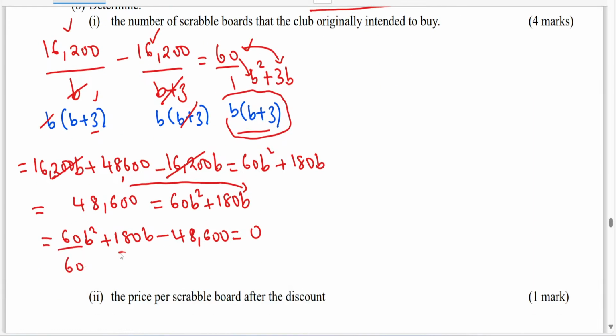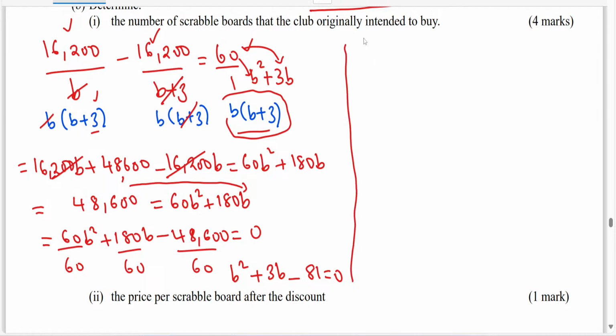So itakupa b squared plus 3b minus 48,600 divided by 60, it gives me 81, minus 81 equal to 0. So this is your equation, b squared plus 3b minus 81 equal to 0.